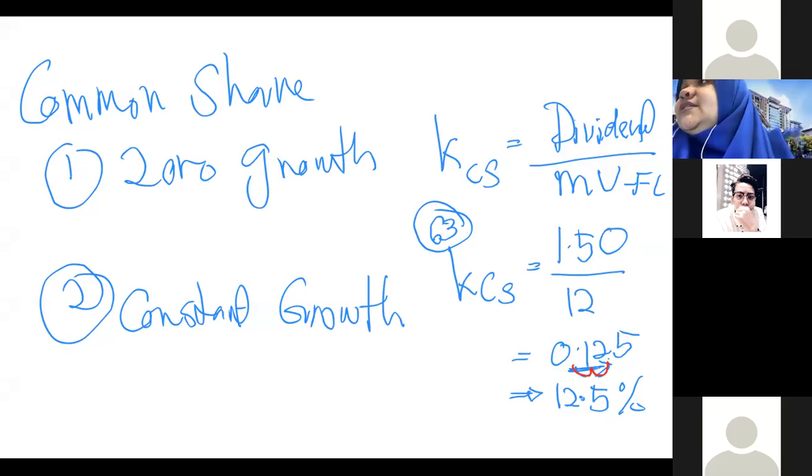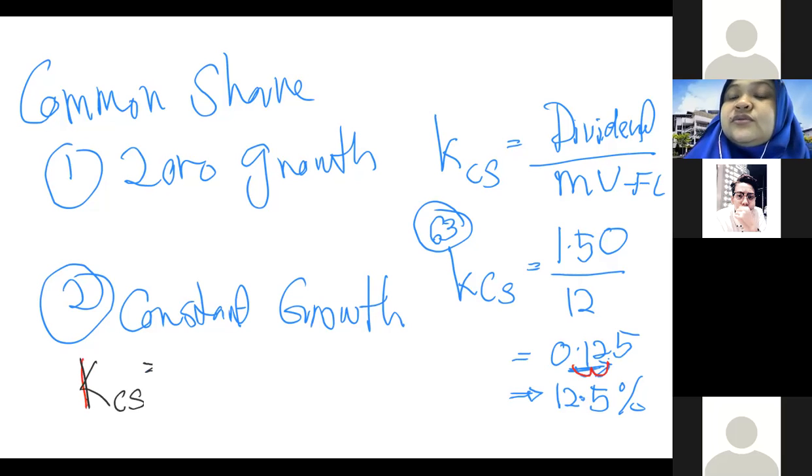Second is the constant growth model. How to calculate the cost of common share for the constant growth model?